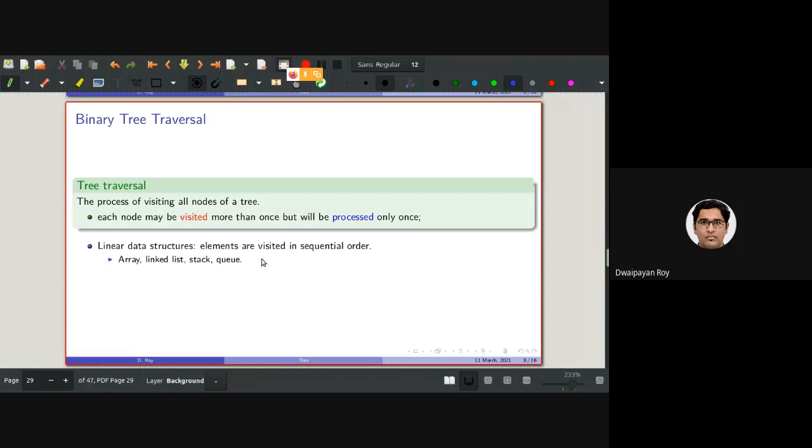So let's consider, for example, a stack. I hope you remember what a stack is. A stack is just a one-ended data structure. Every insertion happens from the top, and every deletion also happens from the top.